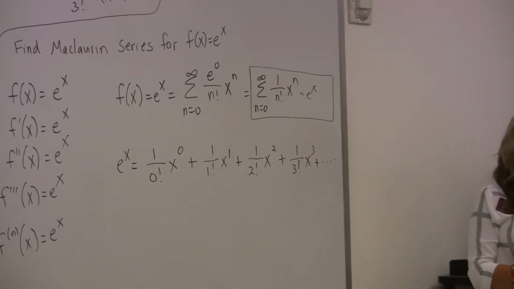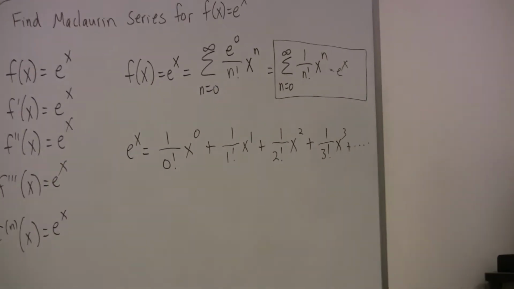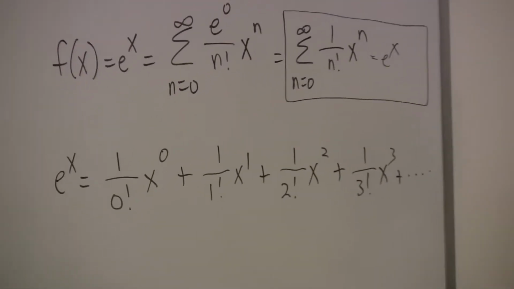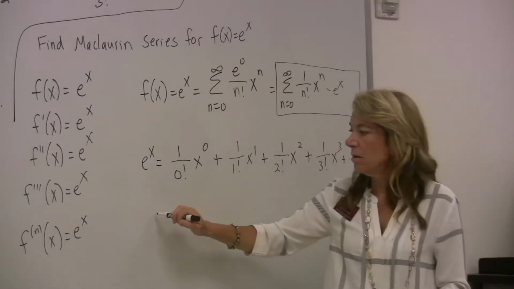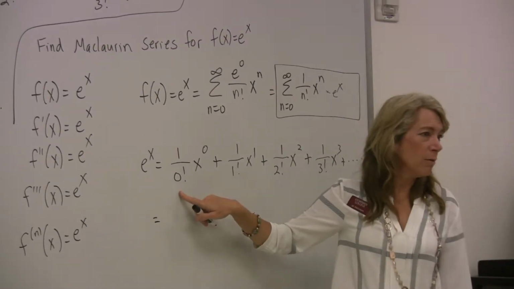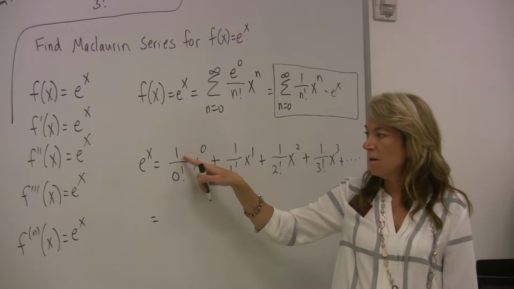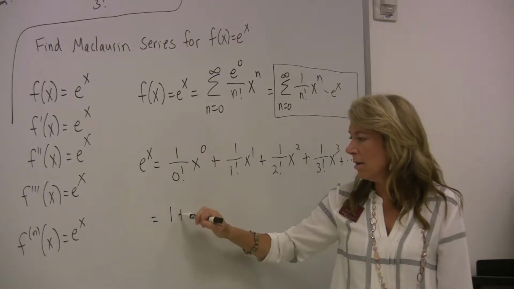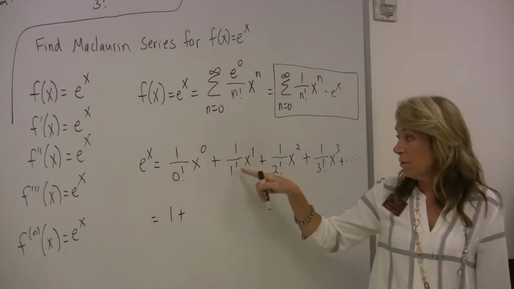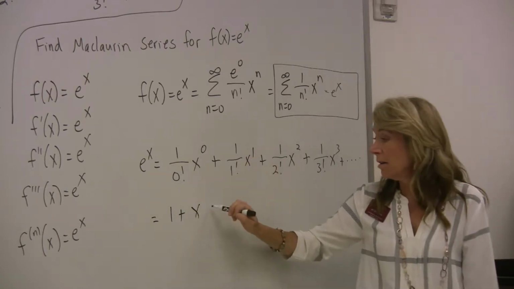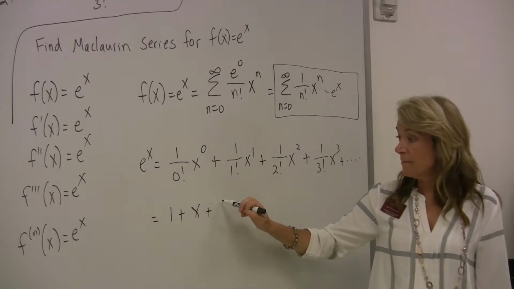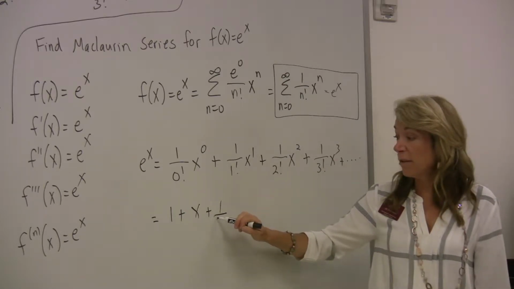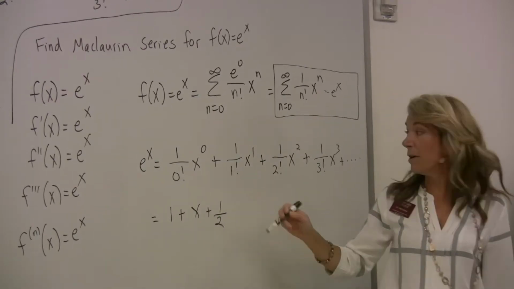So if you were doing this problem on, say, your website, and it said list the first 4 terms, you would actually simplify each of these. Knowing that 0 factorial equals 1, your first term is just 1 over 1, x to the 0 is 1, it's just 1. Plus 1x plus x squared over 2 factorial, but 2 factorial is just 2, 2 times 1, right?